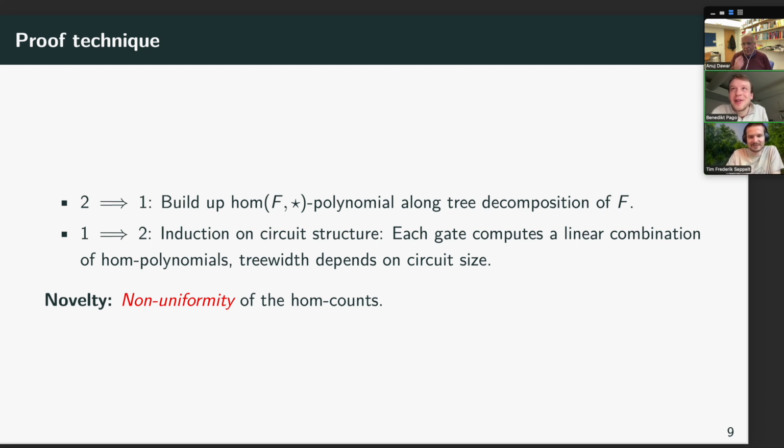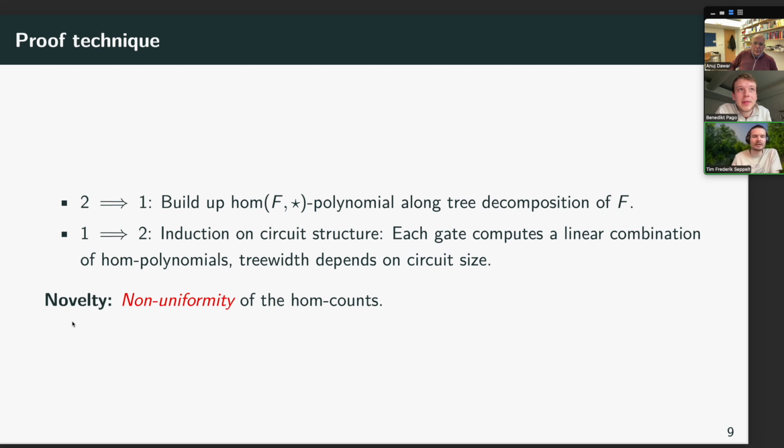But to come back to the beginning of the story, before we got into this whole homomorphism and subgraph counting story, the original goal was proving new lower bounds for symmetric circuits for polynomials other than the permanent. So have we come any closer to this goal? We have definitely developed a very useful theoretical framework for thinking about this. And this bounded tree width criterion fully answers the question for which polynomials admit such lower bounds.